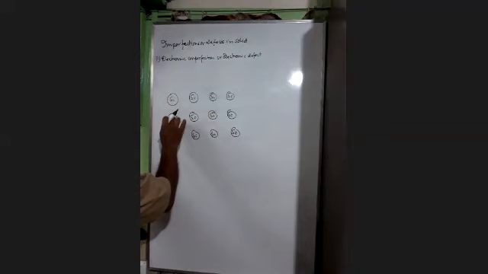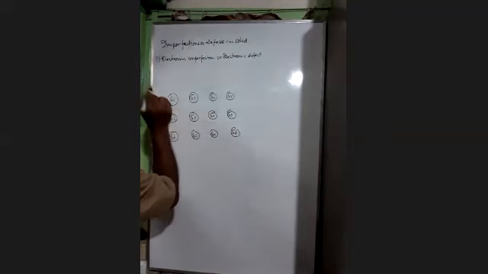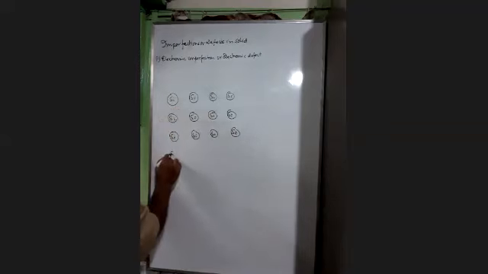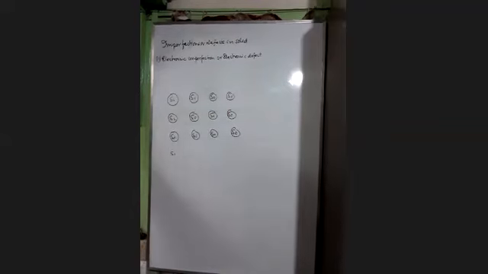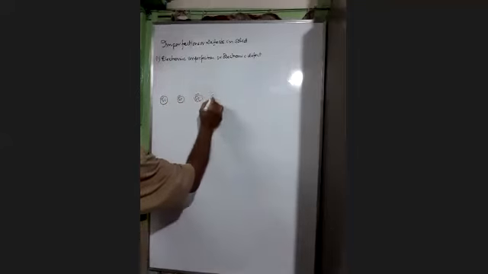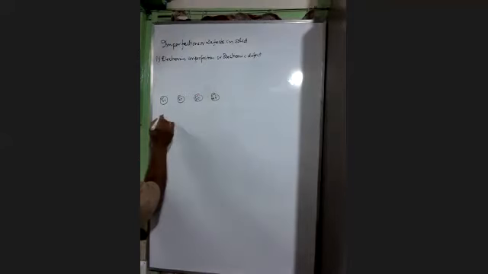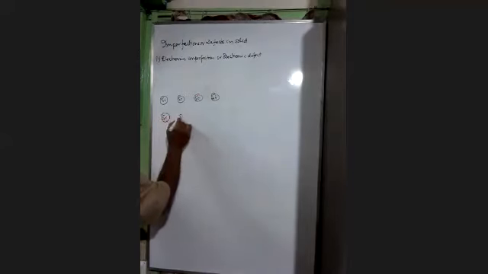There are thousands of things which I also don't know. Silicon, yes, correct. Silicon is in which group? 14. Good boy.